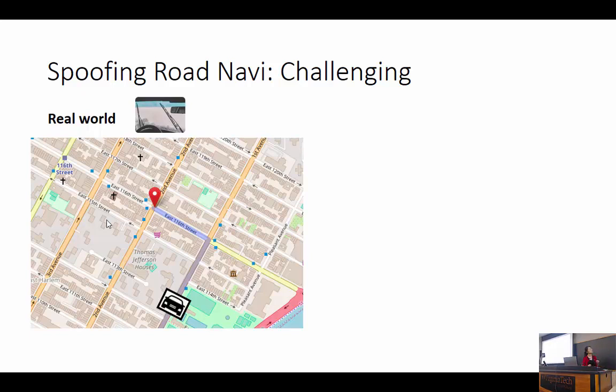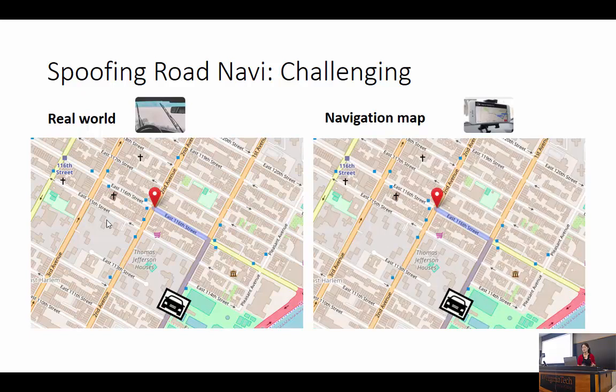This is an animation showing the challenge. The left side shows what the driver will see in the real world, and the right map is what the driver's navigation system is showing, like your Google Maps.